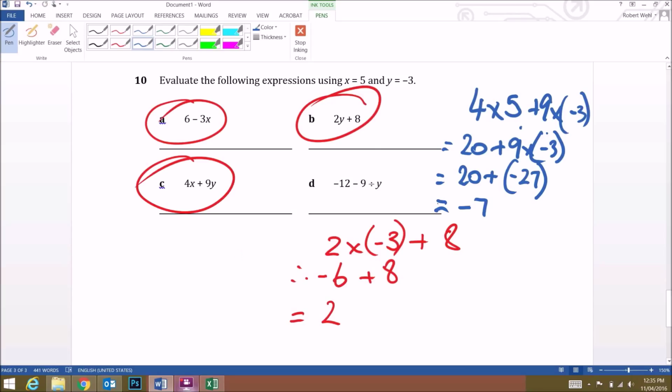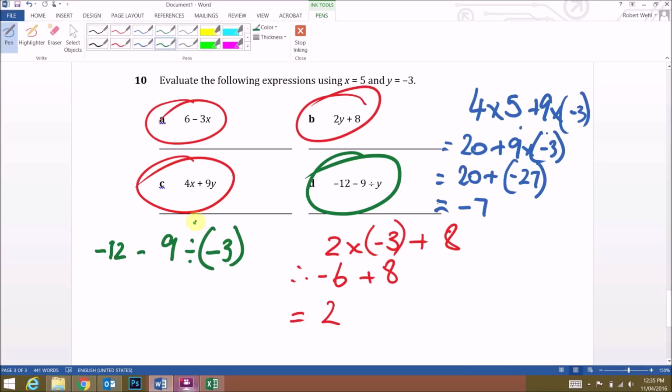And last but not least, this one. Negative 12, take away 9, divided by y, and y is negative 3. Okay, so we've got to do division first. We've got a division and then a subtraction.